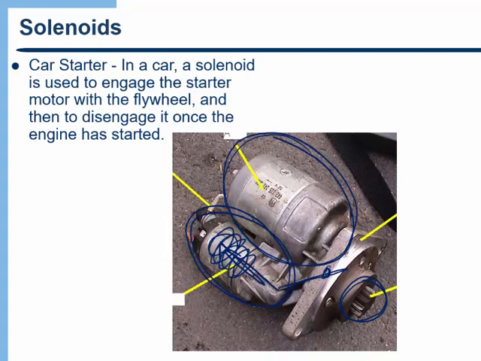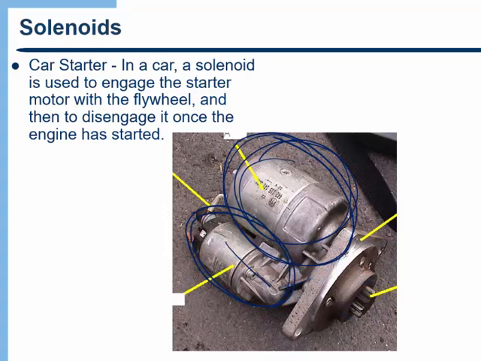So when you've got your key in the start position, the solenoid is engaged. It pushes this gear into the flywheel of your engine, and then the electric motor starts turning the engine. As soon as you let the key go and it goes back to the run position, that de-energizes the solenoid, the rod gets pulled back out by the spring, and this gear goes back out of the flywheel of your engine.